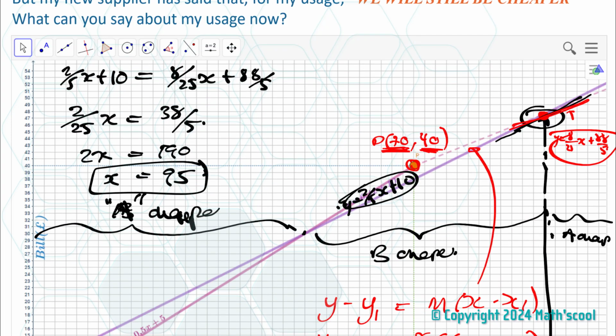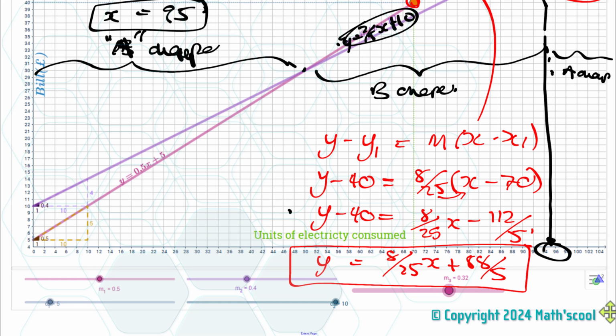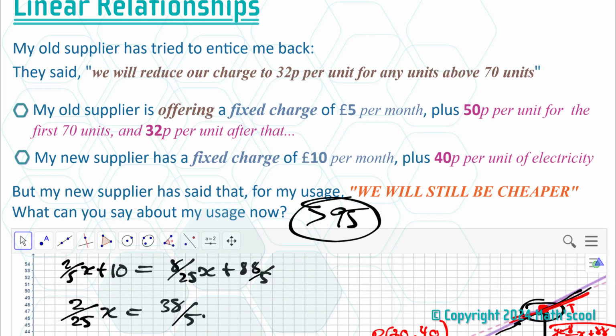So it's nice to see that my graph acts as a check. But my new supplier said, for my usage, we will still be cheaper. So my usage, as we suspected, was a lot more than 70. It's even more than 95. So it's greater than 95, maybe 96, maybe 100, maybe 200. We don't know.